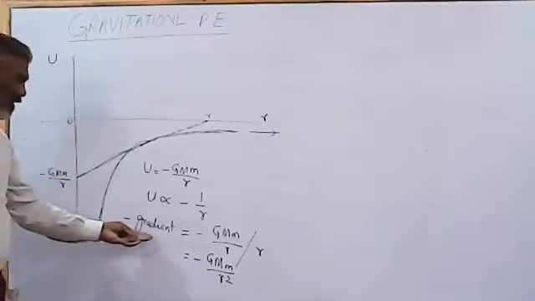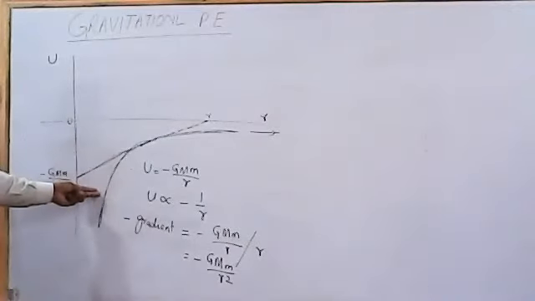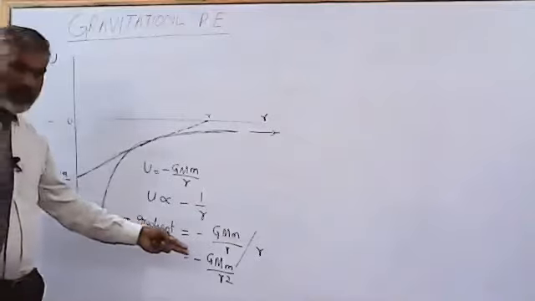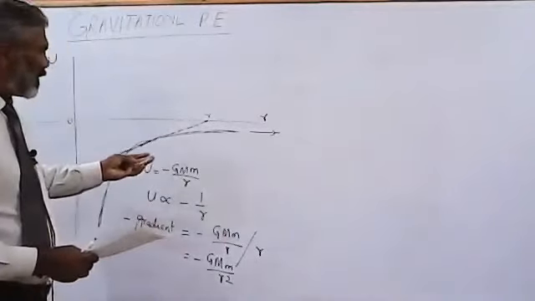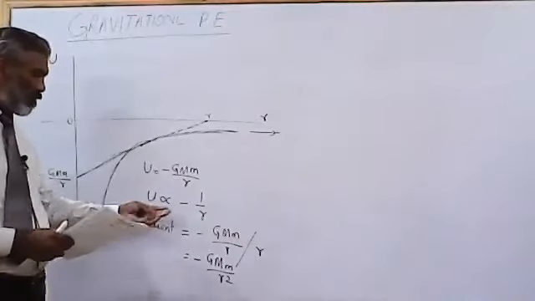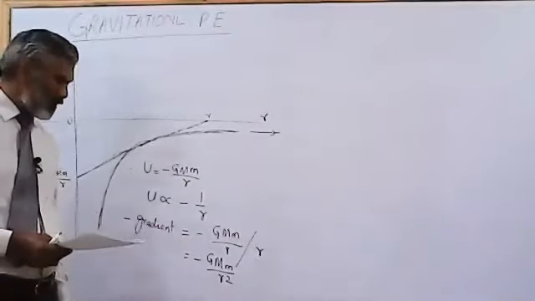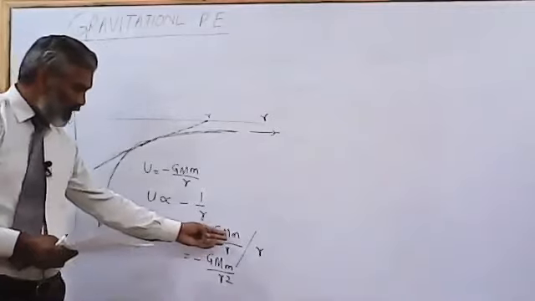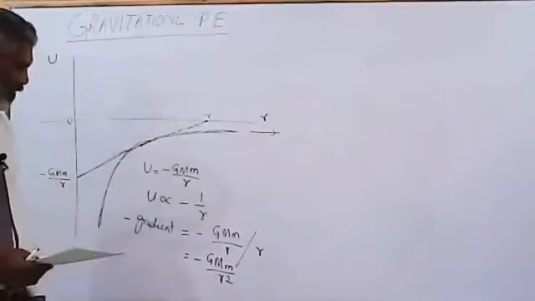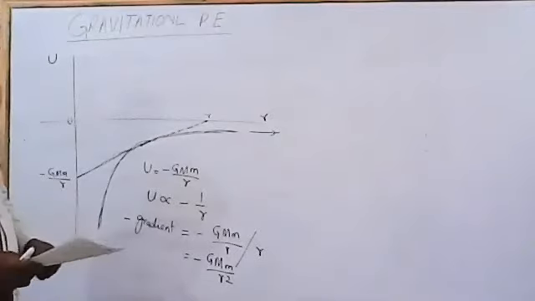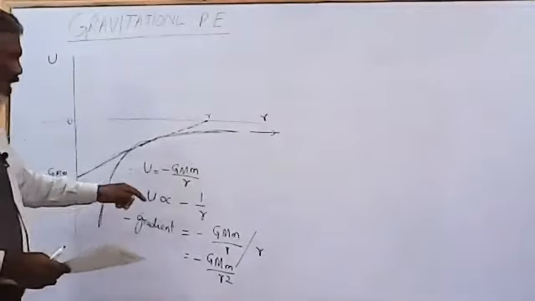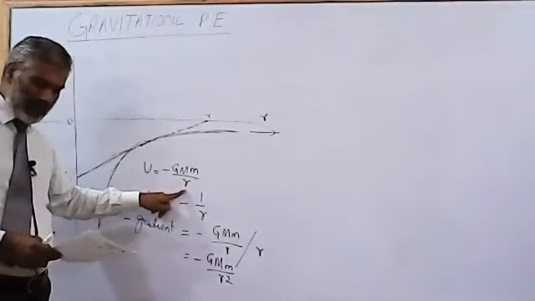So clearly the gradient of this curve at any point equals the force between the 2 masses. In this case, one mass is the planet, which may be considered Earth, and the other mass is any satellite moving about it, or any mass falling freely towards it at any position r from its center.